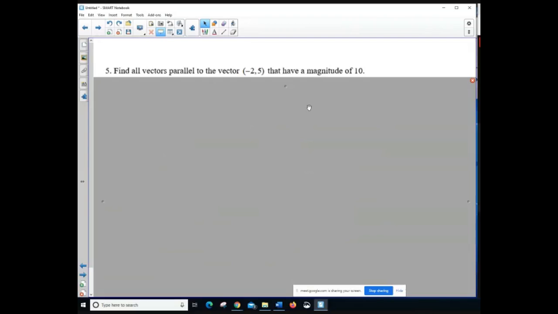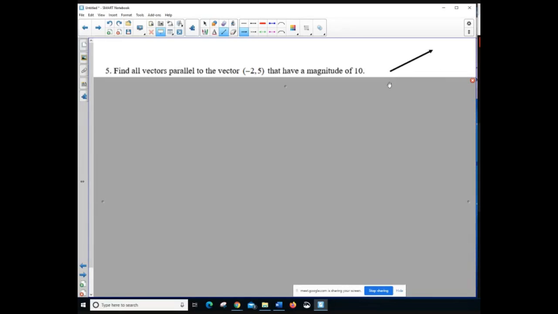It says find all vectors parallel to the vector -2, 5 that have a magnitude of 10. And there's a couple of ways. You'll see that I'm going to show a couple of scenarios for solving this. So first of all, how many vectors do I actually expect to find? If you think intuitively, whatever this vector is, say this is the vector, and obviously it's not the vector -2, 5, but I don't care, I'm just using the diagram as a guide.